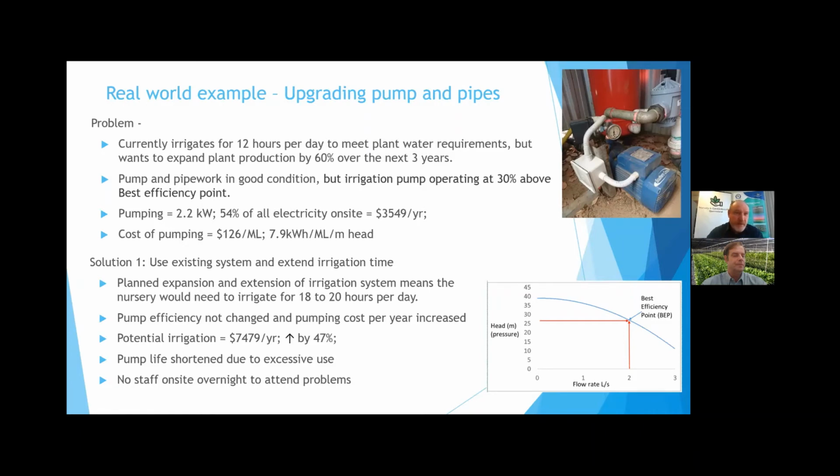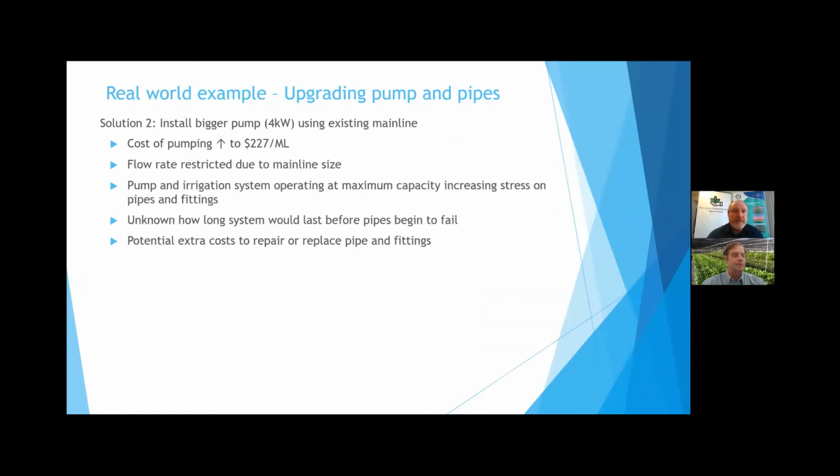So it's reasonable, but if he was to just simply put on a bigger pump, the cost of pumping went up to $227 per megalitre. So this is one of the benefits of using this particular method.